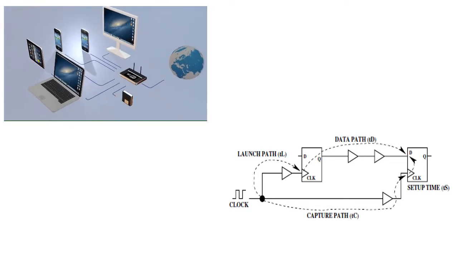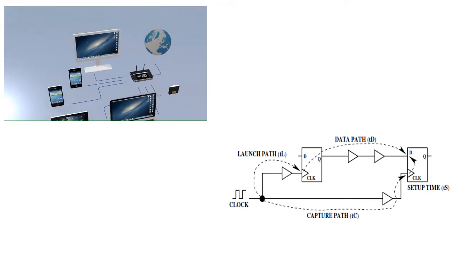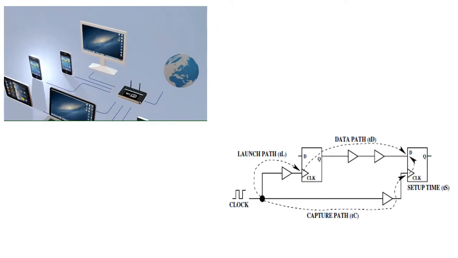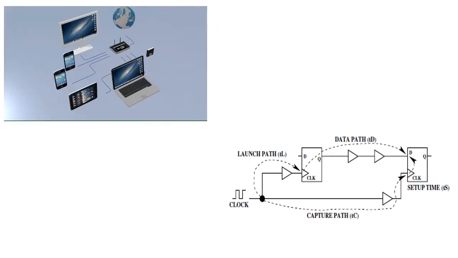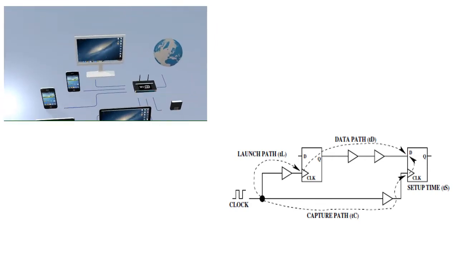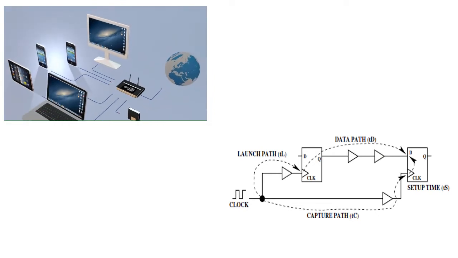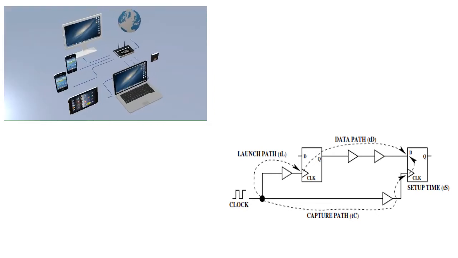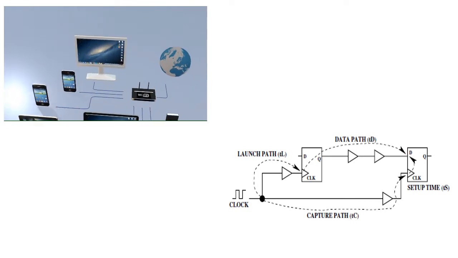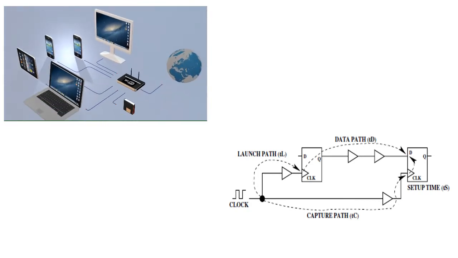So here the digital system can be mapped into a finite state machine, where the signal will be moving from one register to another register at the strike of a clock signal. We have seen earlier that synchronous logic is implemented using register to register logic, which is realized through D flip-flops.